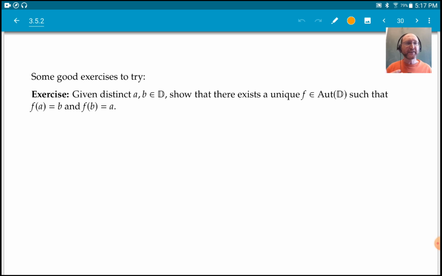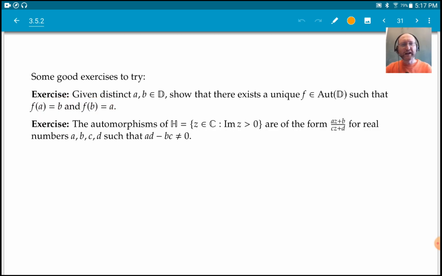Given any a and b in the disk, you can find an automorphism that takes a to b and also takes b to a. You cannot take two points to any arbitrary other two points, but you can find one that swaps. Maybe the more common thing to apply is that given any two points, you can always find an automorphism that takes one to the other. That's often what's needed.